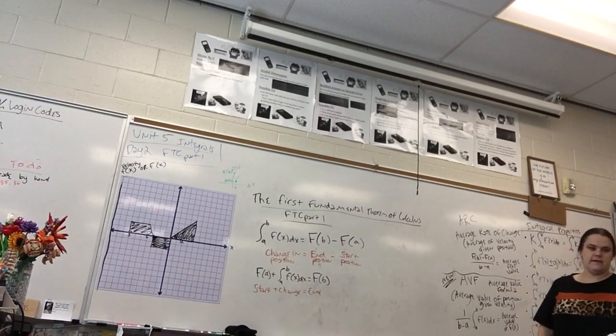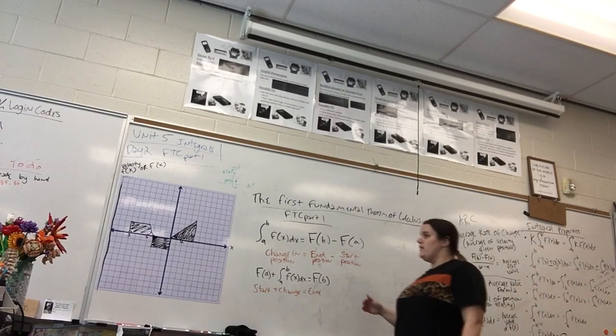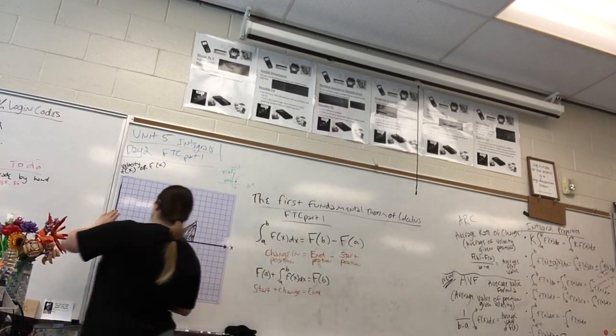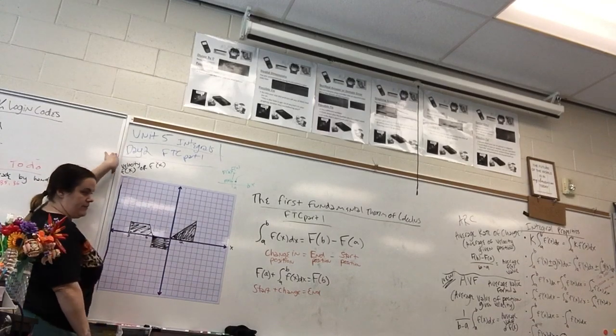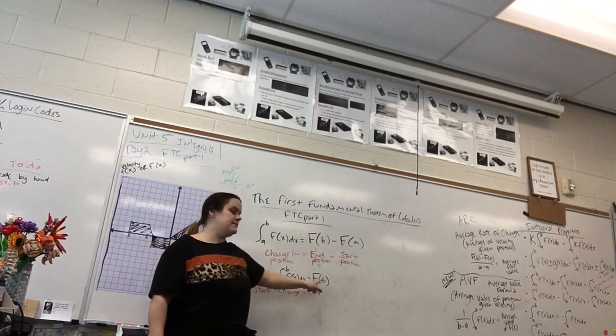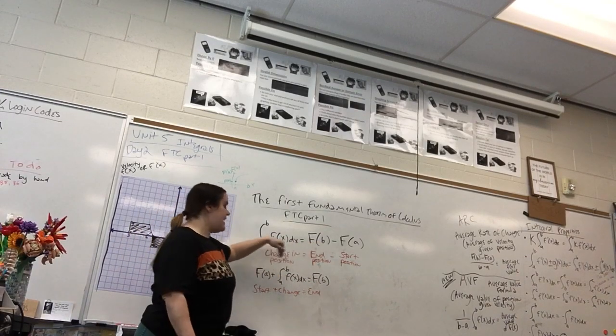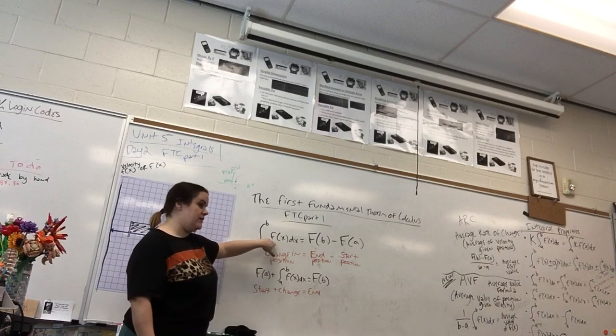Yes, Isabel. Because the area is the area under a velocity graph, remember. Notice these are the lowercase, and these are the uppercase. So my change in position is my area under a velocity graph.